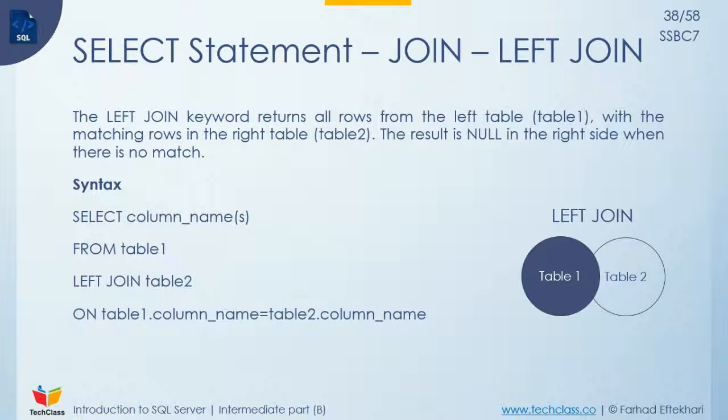And we have left join, as you can see here on this figure. The whole information from table 1 is being retrieved and also the ones that match with table 2. And here is the syntax that you have to use in order to use this left join, and here is the difference with left join here.